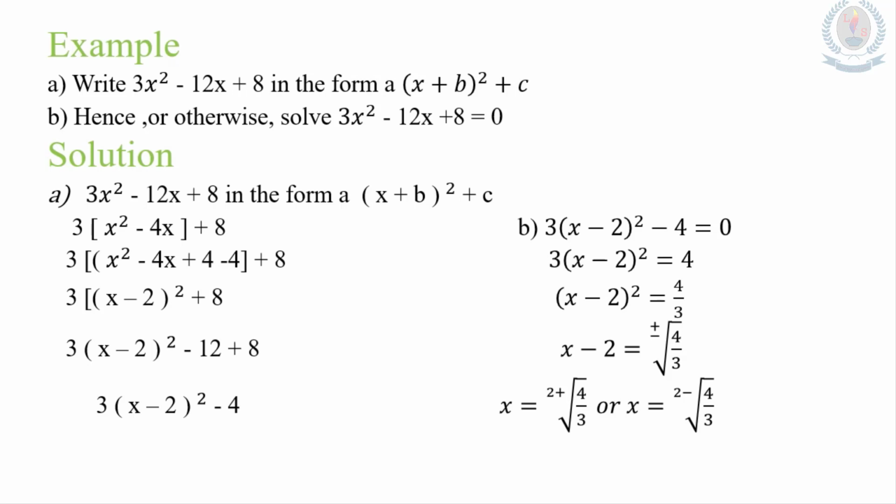Then we have to remove that square to the other side as square root. Then we know plus minus, 2 answers are coming. So final solutions are x equals plus root 4 over 3 or x equals minus root 4 over 3. I think now you can complete exercise 22.2 by using the completing the square method.